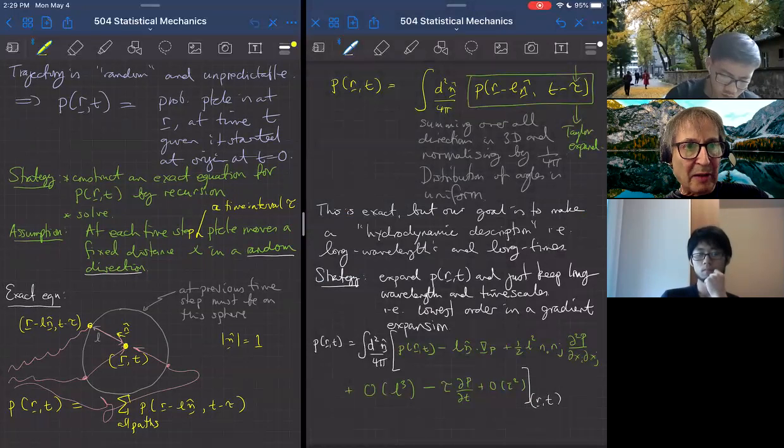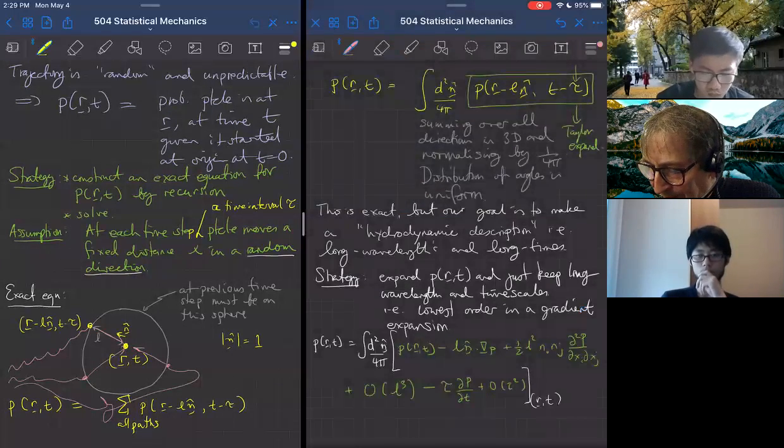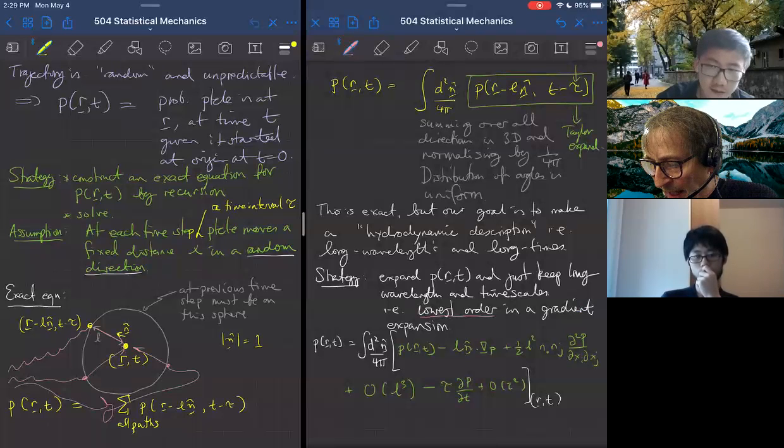So let's have a look at what these terms are. So what we've done is I've expanded to lowest order in this gradient expansion, and you can see that I went to second order in space, and I went to only first order in time.